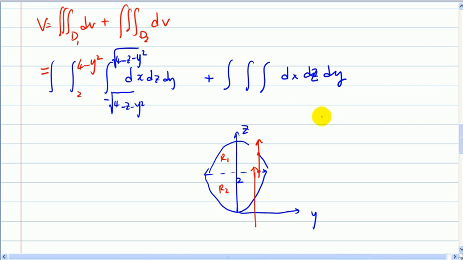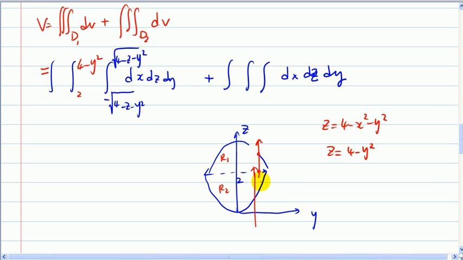The original one here is z equals 4 minus x squared minus y squared. So when you project that into the yz plane, the x value is 0 now. So this is where it comes from: z equals 4 minus y squared. That's your max there.